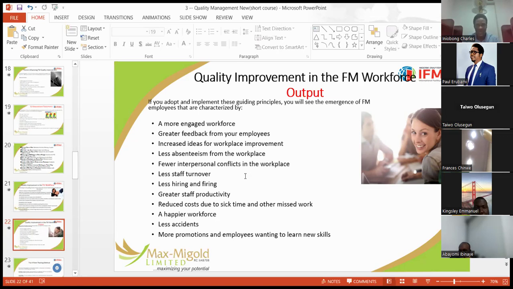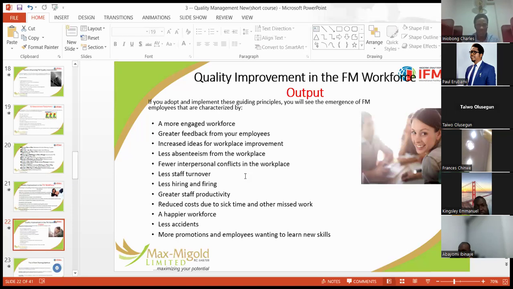Okay, less absenteeism from the workplace. You won't wake up one morning and get to work and be told that your technician who was supposed to do night duty is not there because he's sick or something, or he didn't even call in. So this is one way of reducing that. Fewer interpersonal conflicts in the workplace, less staff turnover, less hiring and firing, greater staff productivity, reduced cost due to sick time and other missed work.